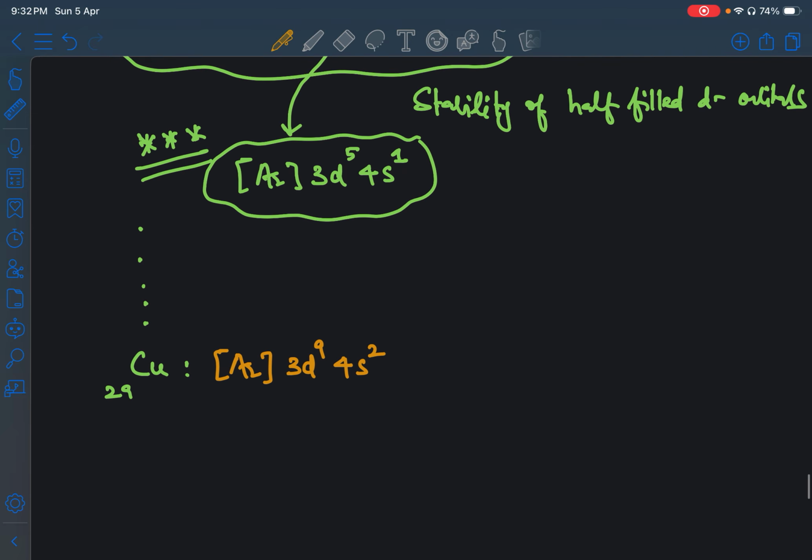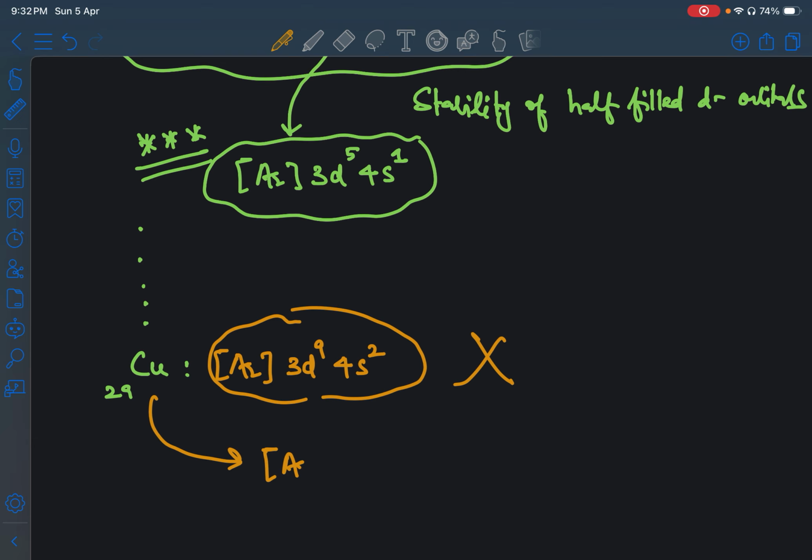But like I told you, this is again the wrong electronic configuration. Why is this wrong? Because again we have 3d9. It tries to get an electron from 4s to make the d orbitals fully filled. So we have argon 3d10 4s1, because one electron is transferred from 4s to 3d9. This becomes the correct configuration for copper as well.